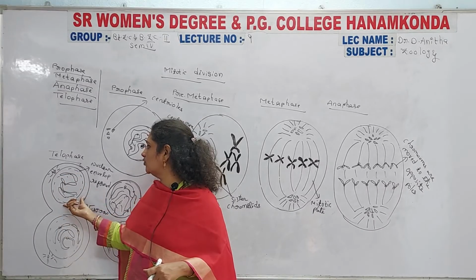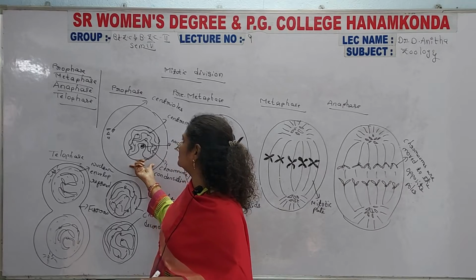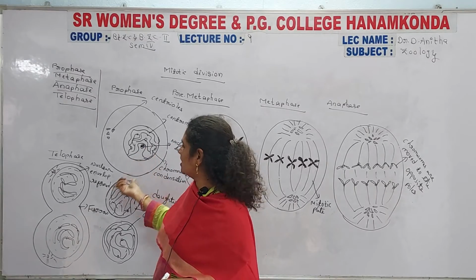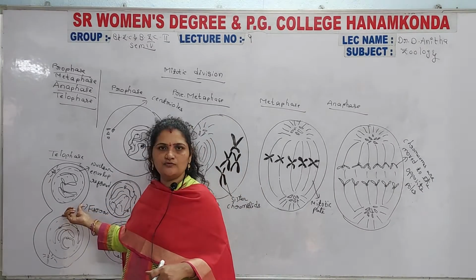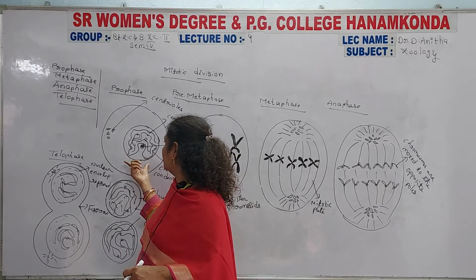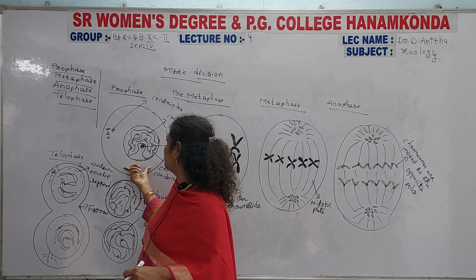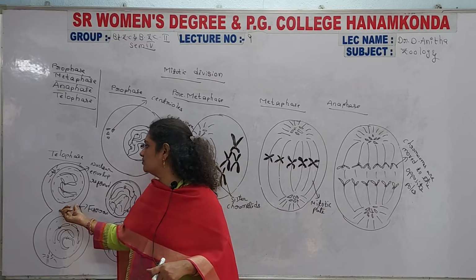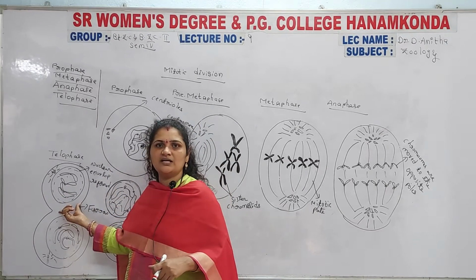At the end of the telophase, the nuclear envelope is reformed. The cell organelles that disappeared are again reformed in the stage of telophase. So the nuclear envelope disintegrates and is reformed at the end stage of telophase.